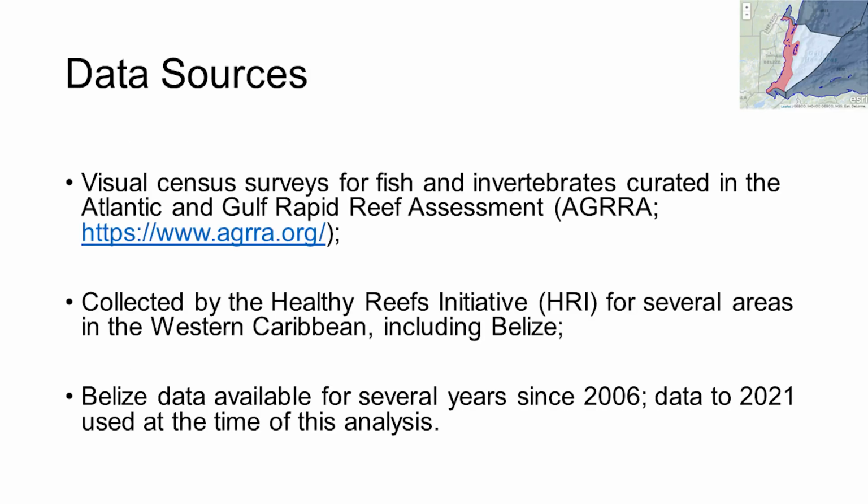Now, as I said, the data sources, this is from Belize. The data sources are from the visual census done by the Healthy Reefs Initiative, for several countries in the Western Caribbean, including Belize, so they had more data for Belize. And that data was available from 2006 to 2021, and 2006 to 2021 are the data that we used in this analysis.